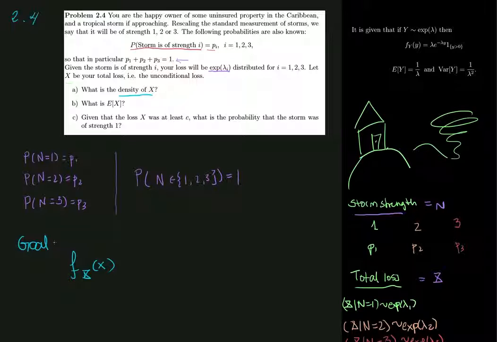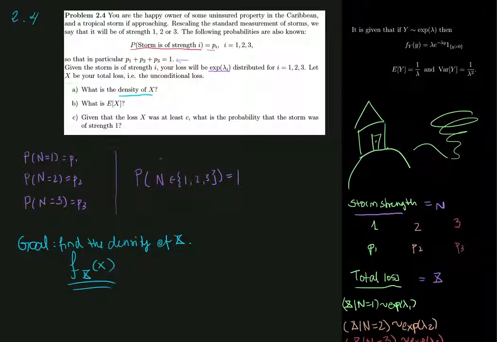So goal, find the density of X. That's A. And then the second thing we want to do is find the expected value of X. And the third thing we want to do, well, we'll come to the third thing later. Anyways, the first part is to find the density of X.